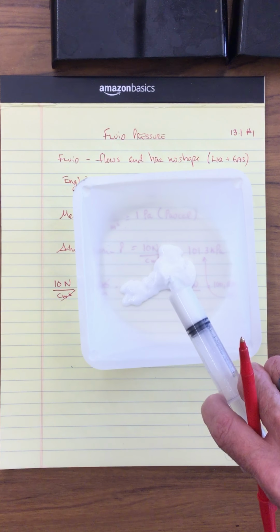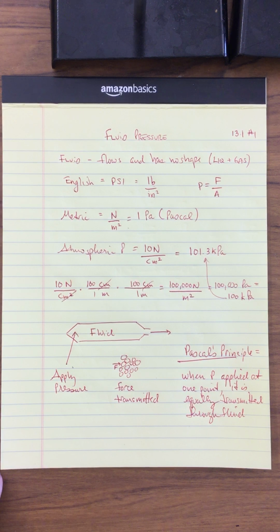Pascal's principle: when pressure is applied at one point, it is equally transmitted through the fluid. This is going to be very important to remember and to recall when we go into the next section, and that's going to be taking a look at hydraulic pressure.